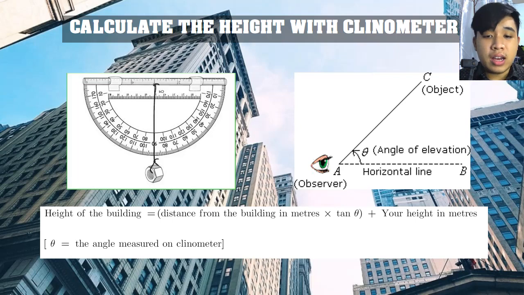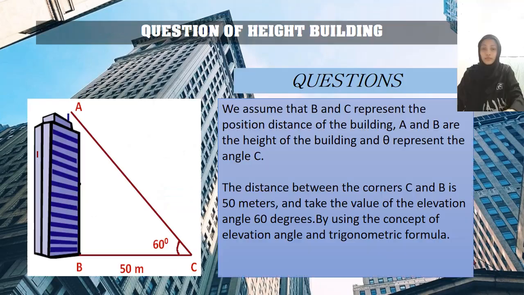Now, calculate the height by multiplying the distance between you and the building in meters by tangent theta, which is the angle of the clinometer that you got, and add your own height. Finally, you get the most accurate height of the building. That's all for me. Now we move to the question.